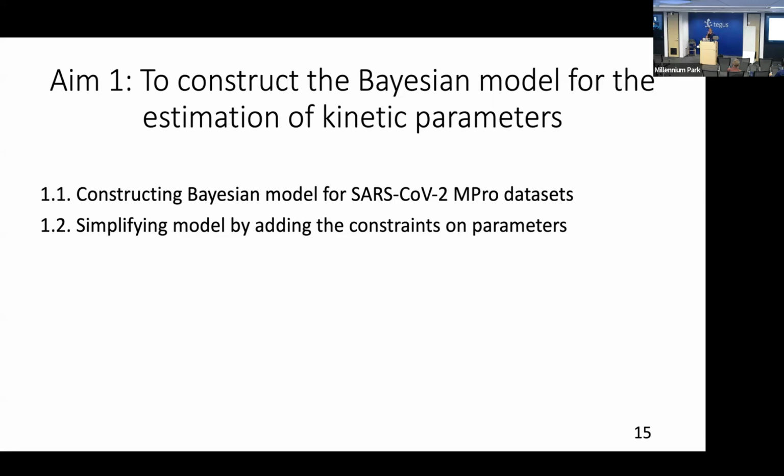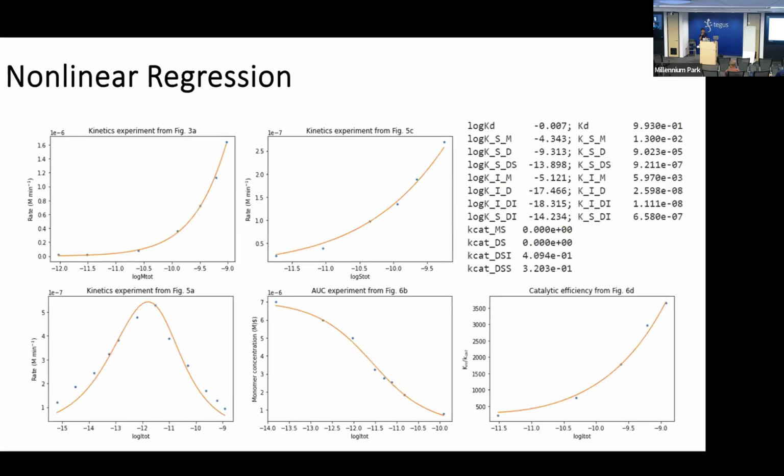The first thing we did was a nonlinear regression, but we were concerned about overfitting, so then we started working out a Bayesian model. Then we also thought, still, this is a complex model. Can we make it simpler? It turned out in this particular case, if we made this simpler, the fit just got bad, so we knew that we had to use a more complex model.